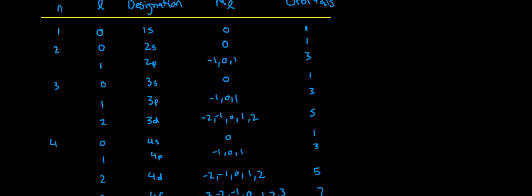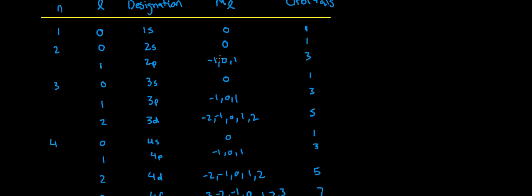For n equal to 2 as well, I still have to exhaust all of my angular numbers. I started with 0, but since I have n minus 1, I can have a possibility of 1 as well. So I go for 1, and this makes it 2p.